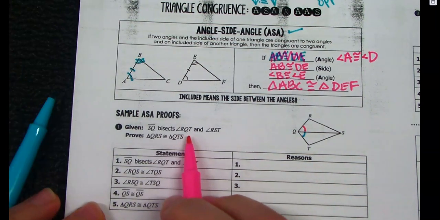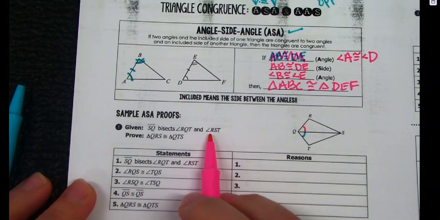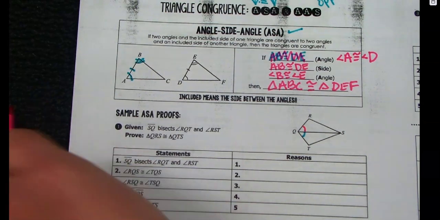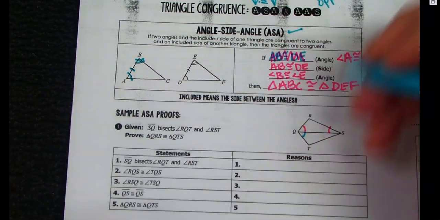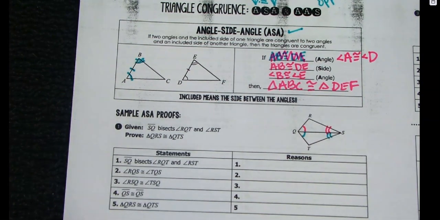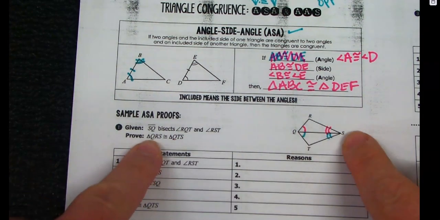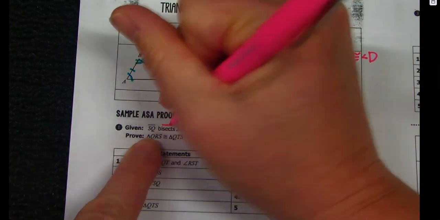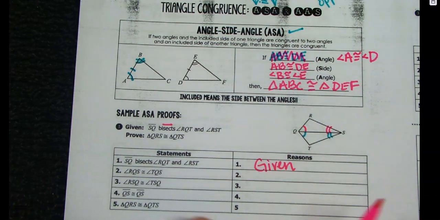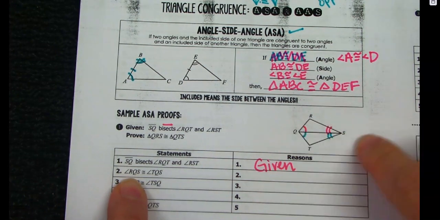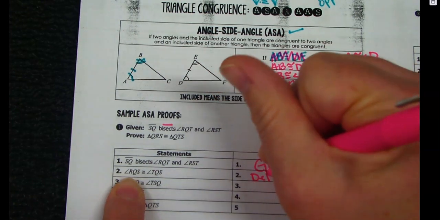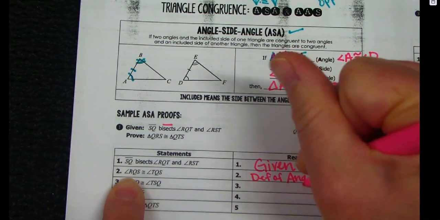It also says that it bisects RST, so again this angle and this angle are going to be congruent. They didn't tell us that, but we know that because we know what a bisector does. So the first one is given. Then angle RQS is congruent to TQS, because of the definition of angle bisector.